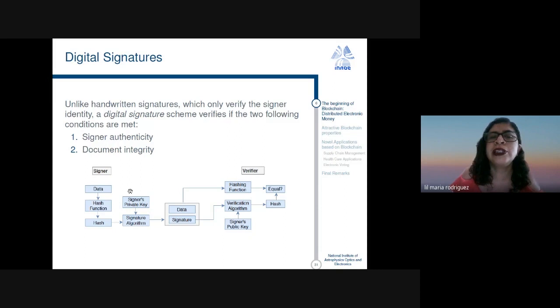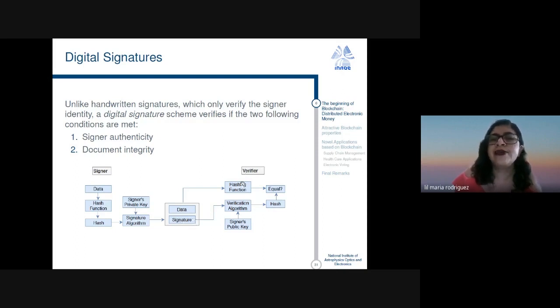So what I was saying is that we have these digital signature schemes, and when you want to sign, you need to use the private key. This allows us to know that the signature was emitted by the signer. In the insecure channel, what travels is the original data along with the signature.